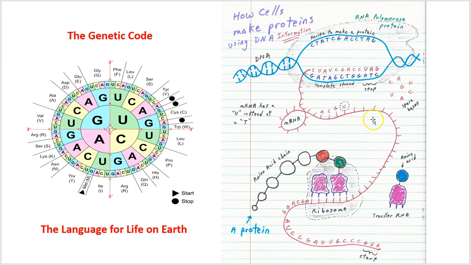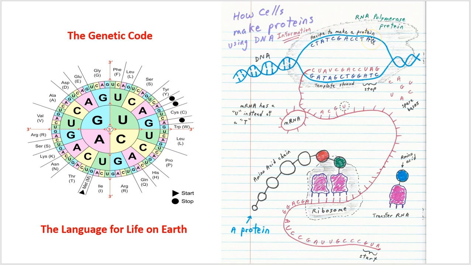When the ribosome gets to the end of the messenger RNA molecule, there is a triplet that codes for a stop. So UAG, let's go over here to the code. UAG is a stop triplet, and this would signify the end of the message. So the recipe stored in DNA has a termination.